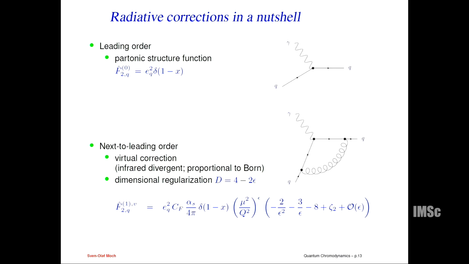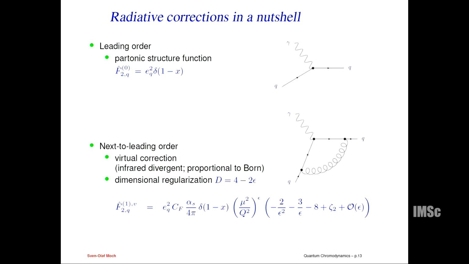The kinematics is again constrained because it's Born kinematics. So we have the quark charge squared, color factor CF in QCD, alpha s over 4 pi, Dirac delta function, and we have, in dimensional regularization, poles in epsilon. So the double poles here come from this gluon being soft and collinear. This is a collinear singularity, and then there are some finite parts.